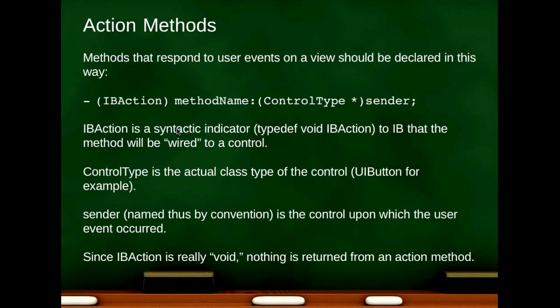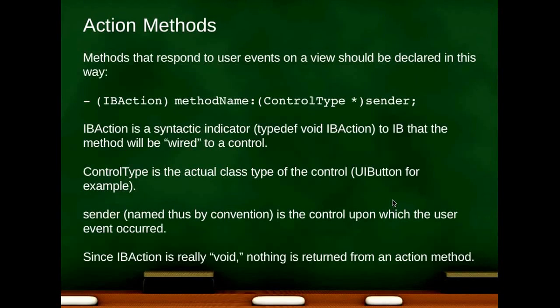IBAction is like IBOutlet. It's just syntactic sugar. It's an indicator to Interface Builder, and of course it's typedef void IBAction. So really, when you declare this method, you're declaring a return type of void. It doesn't return anything. But IBAction is typedef'd to void so that Interface Builder knows that this method can be wired to some control of the type of the control.